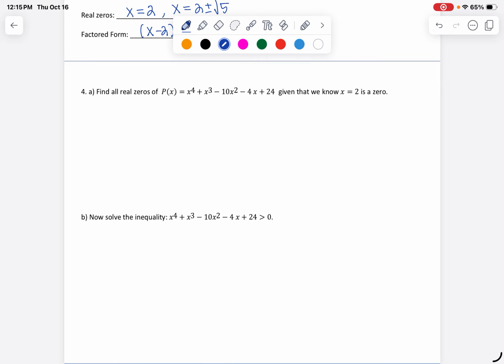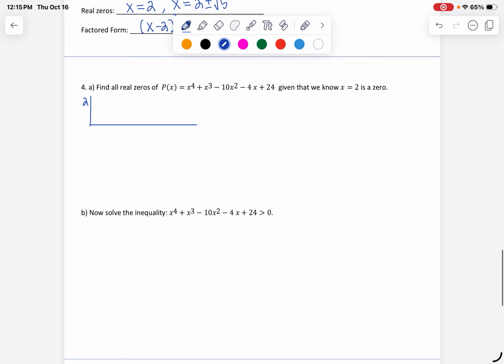Okay, so I'm going to start with 2 is a 0. All right, so I know that this is going to give me a remainder of 0, and if it doesn't, I made a mistake. All right, coefficients: 4, 3, 2, 1, 0, I'm good. So 1 on the x to the 4th, 1 on the x cubed, negative 10 on the x squared, negative 4 on the x, and then 24 is my constant.